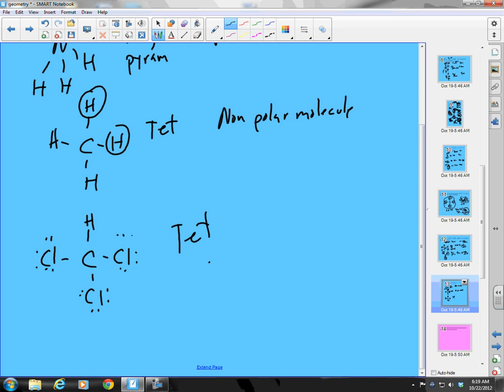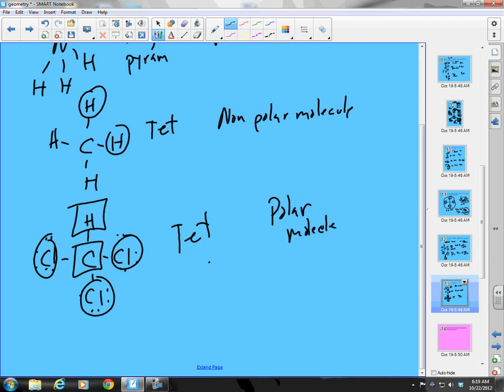No. Notice I have a chlorine, a chlorine, a chlorine, and then a hydrogen here, meaning my central atom is not surrounded by the same atoms. If it's not surrounded by atoms with the same electronegativity, then it is going to be a polar molecule.